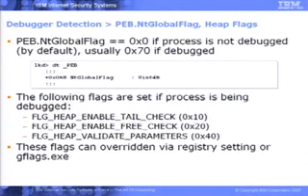The next one is one of the not really documented debugger detection techniques. When a program is not loaded by a debugger, usually the PEB NtGlobalFlag is set to 0, but it can be overridden by a registry entry or other flags.